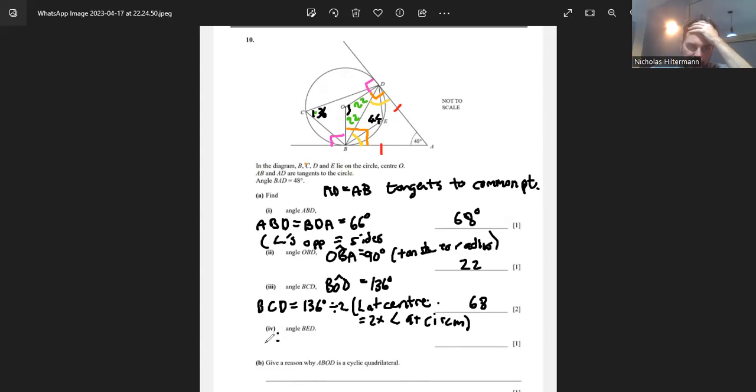So BED equals 44 degrees, opposite angles of cyclic quad supplementary, adding up to 180. Okay, so that's 44. Give a reason why ABOD is a cyclic quad. ABOD.